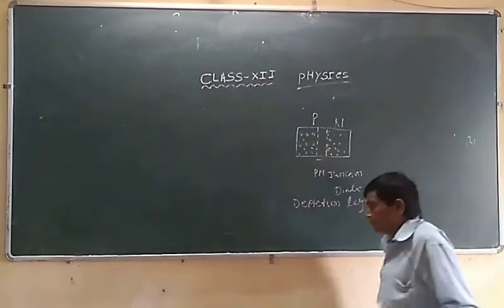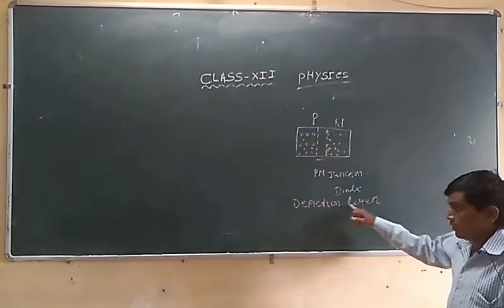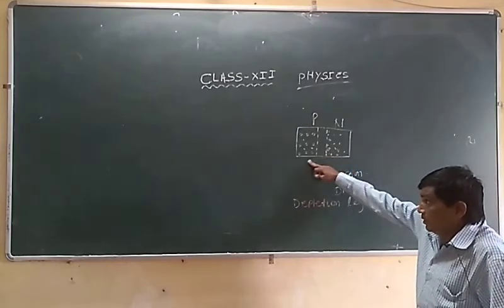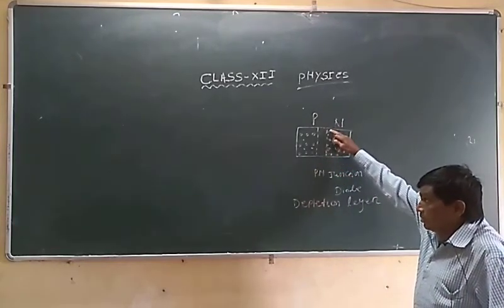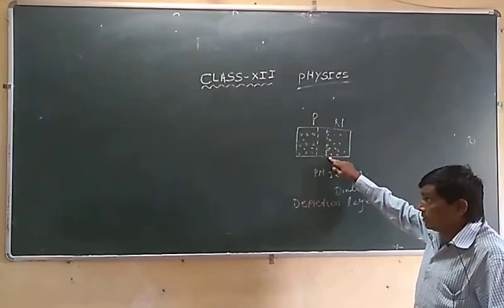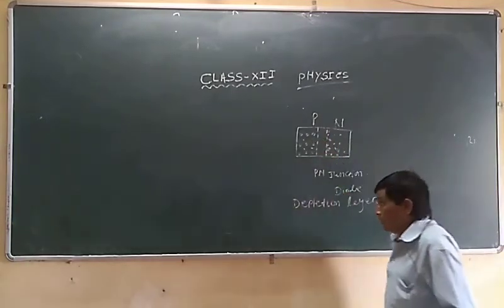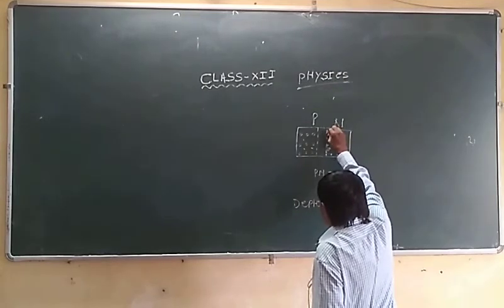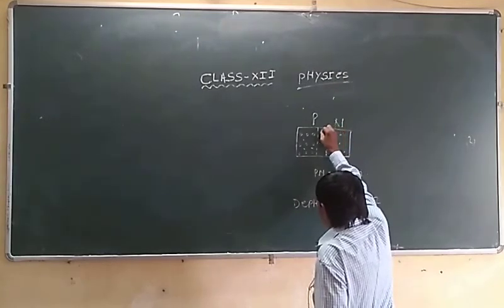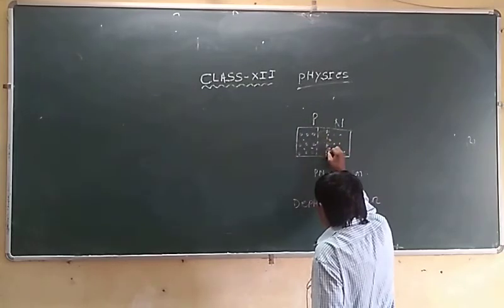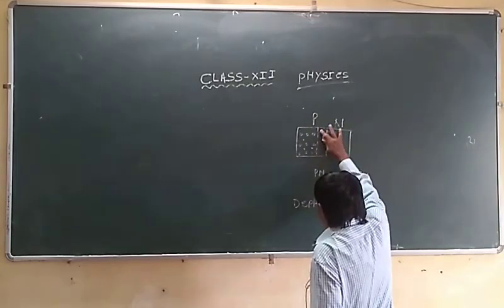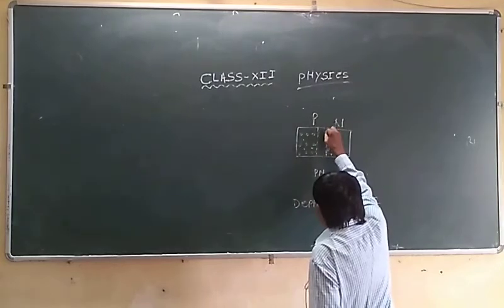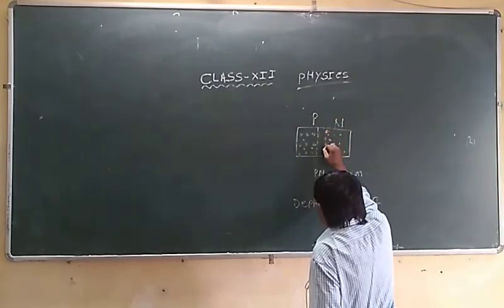After the creation of the depletion layer, the electrons are negative charges and holes are positive charges. The negative charges go to this section, and a border is created. This side is plus, plus, plus.